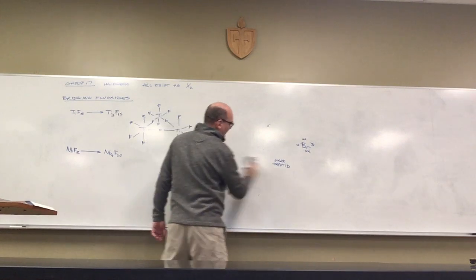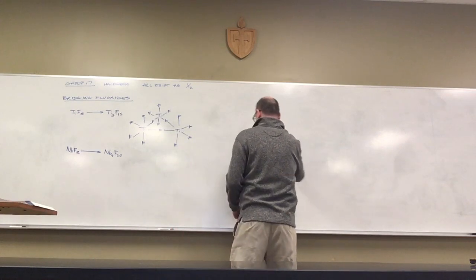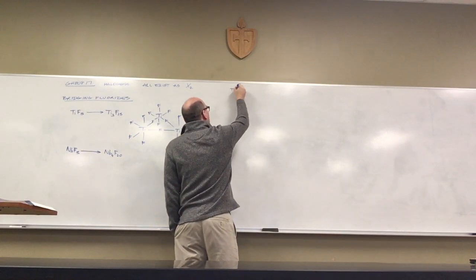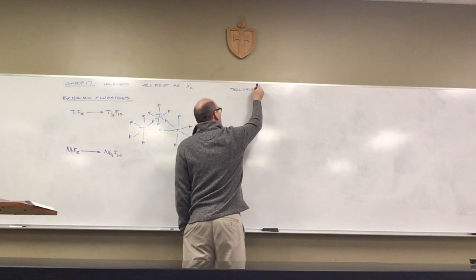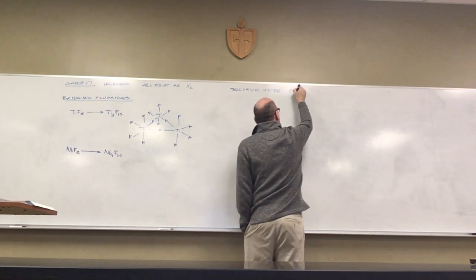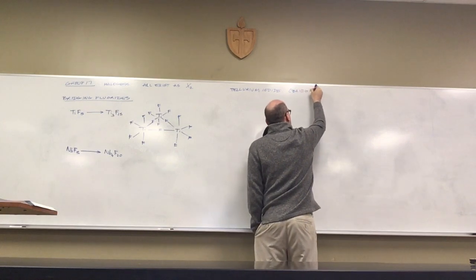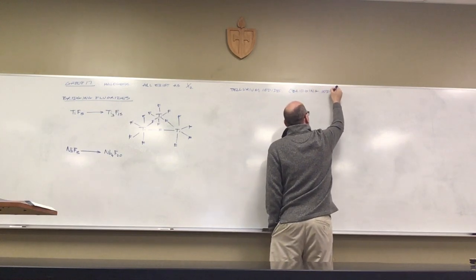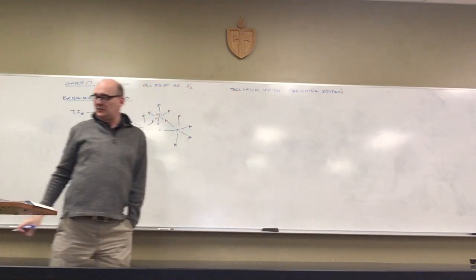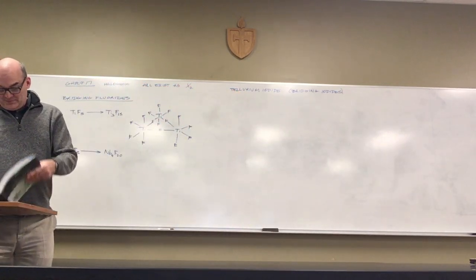And there's a couple of different polymorphs for this. There's only one in this edition of the book. I remember having to learn multiple versions of this. This one's a bit more complicated.